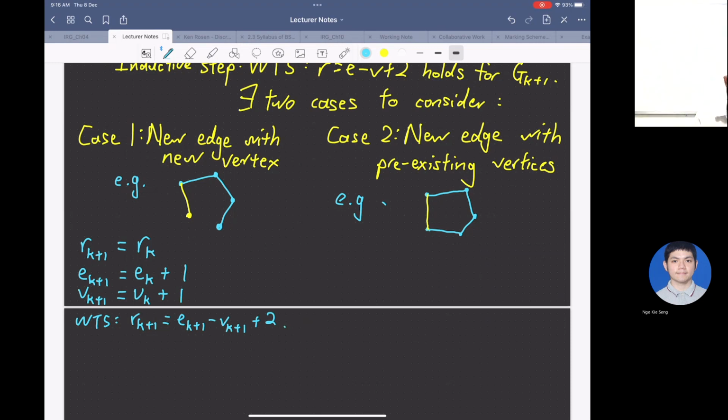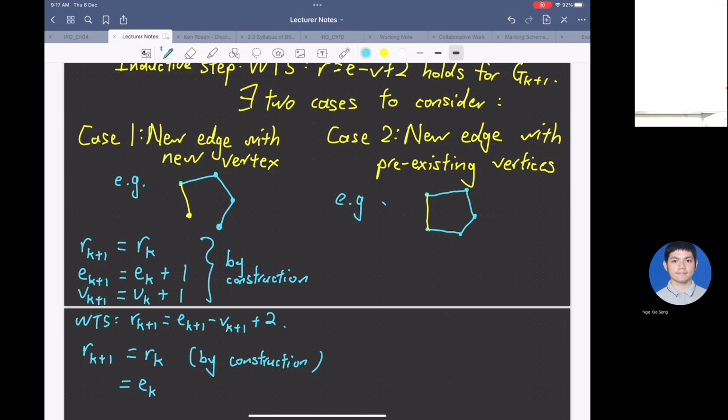So let's start with RK plus 1, right? So we got RK plus 1 equals RK, which is by construction. So these three are by construction. This is how we construct these cases. So RK equals what?